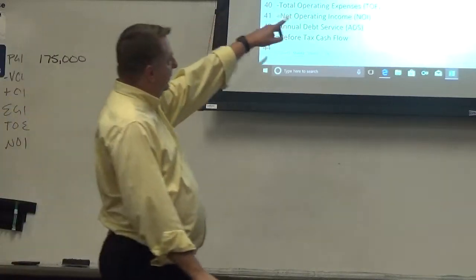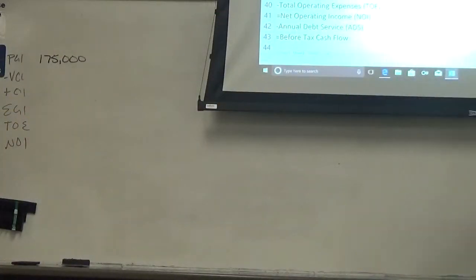But to the left of it, we have assigned a growth rate of 3%. What does that mean? That means that each year we want to grow that revenue. We want to grow our rental rate by 3% a year. Now that may be overly optimistic, it may not be. But that's the assumption we're making.